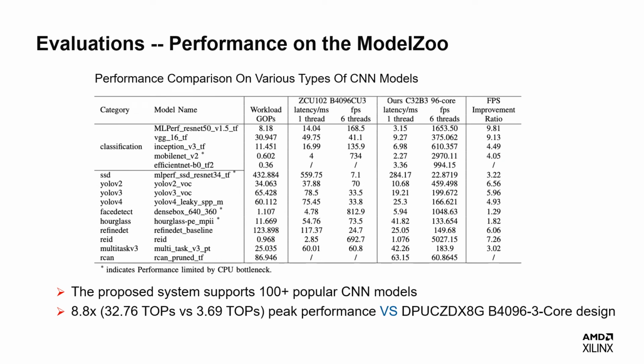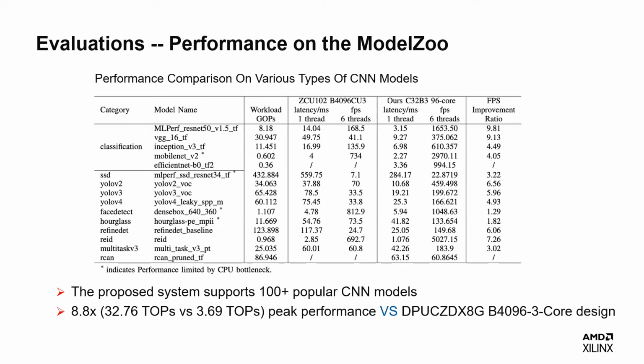The proposed system supports a wide range of int8 precision CNN models, like classification, segmentation, face detection, etc. The table lists the performance of some typical networks in Xilinx AI library model zoo, which includes more than 100 popular CNN models.